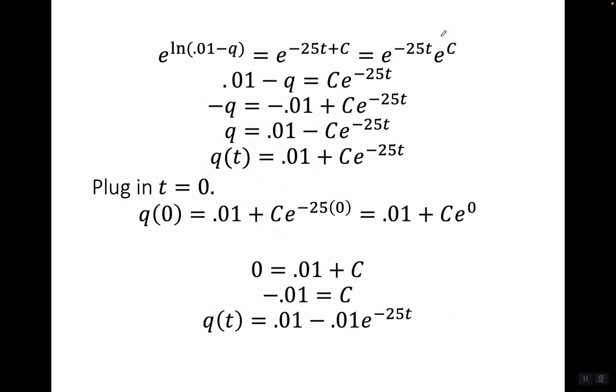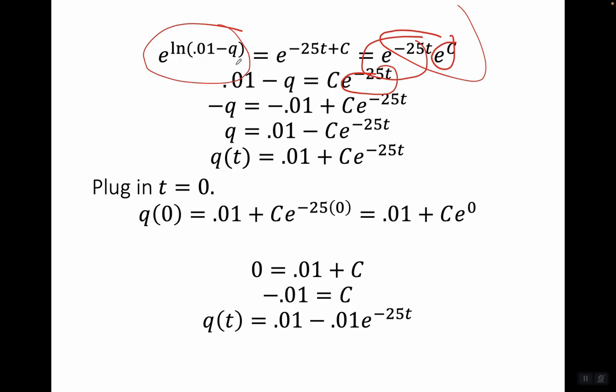And now we can rewrite all of this stuff. e to the natural log of 0.01 minus Q is just 0.01 minus Q, because e to the x and natural log of x are inverses of each other. And we can also rewrite the right side. e to the negative 25t stays as is. e to the C, C is just a constant. So if it's just a generic constant, we're going to write it as just plain C.